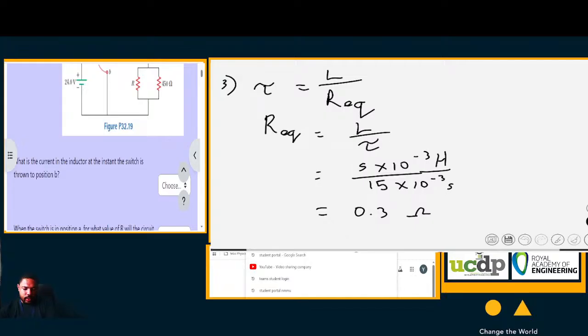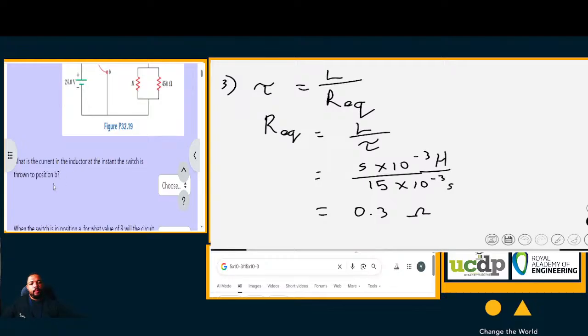We can see that it's 5 times 10 to the negative 3 divided by 15 times 10 to the negative 3.